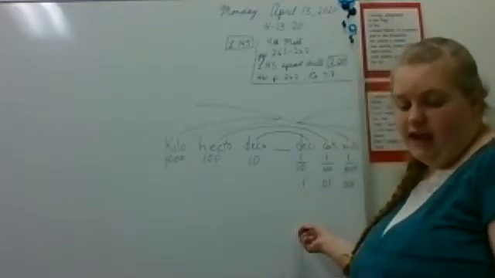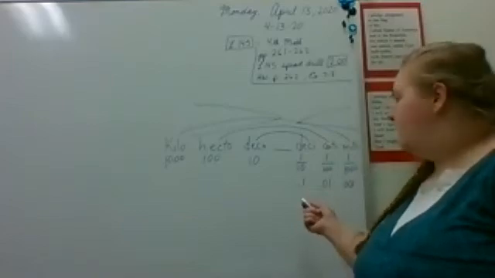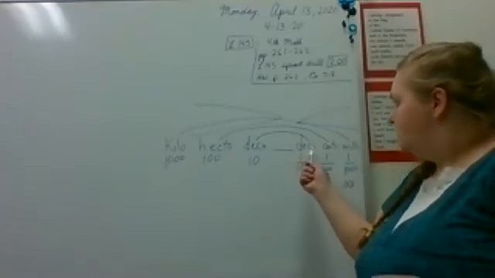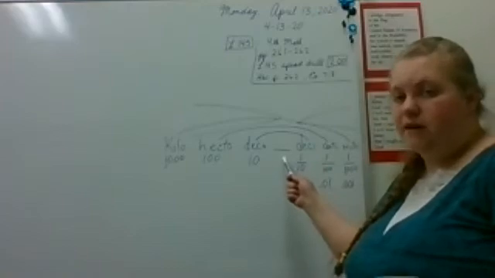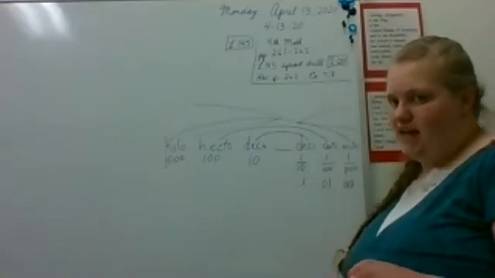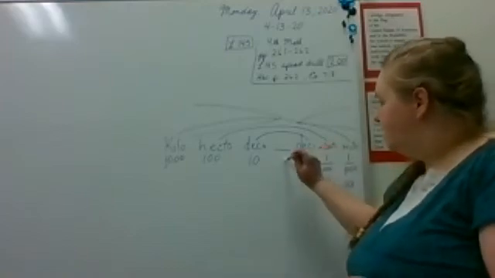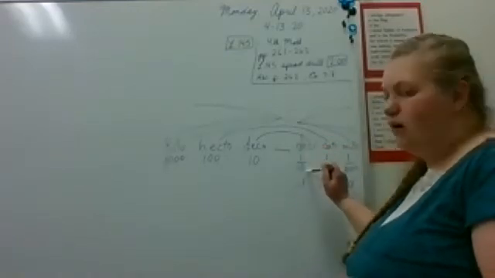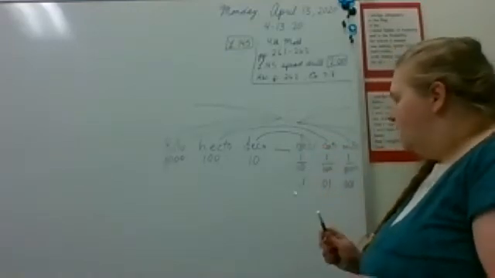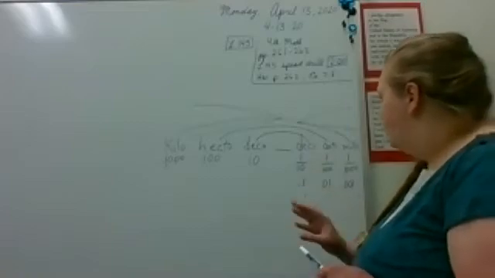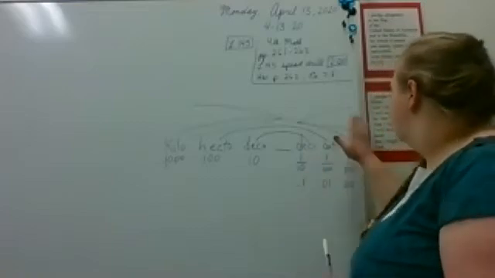Now, if it does say how many decimeters does it take to make a meter, that's when you put 10, because it takes 10 of these to make this. That's why we have 1/10, okay? That can be a little tricky, but I want you guys to remember that.